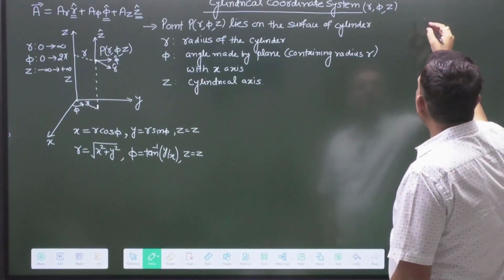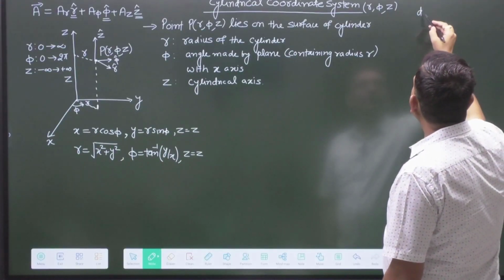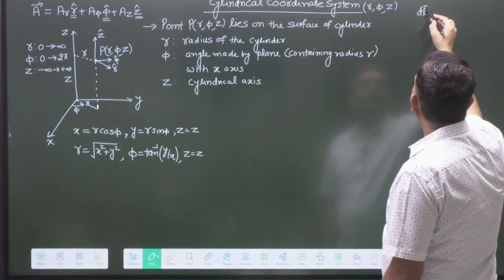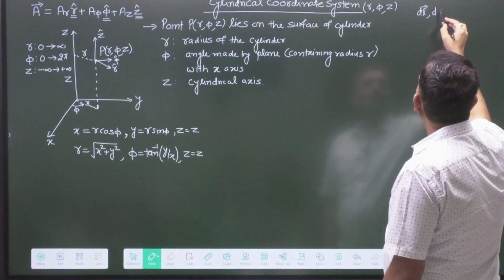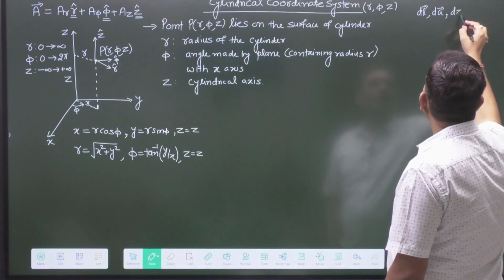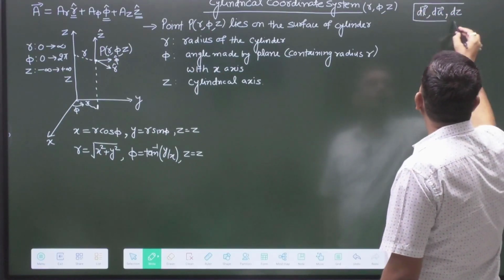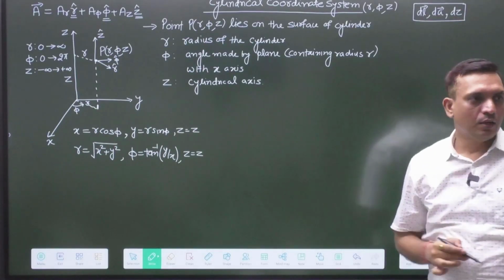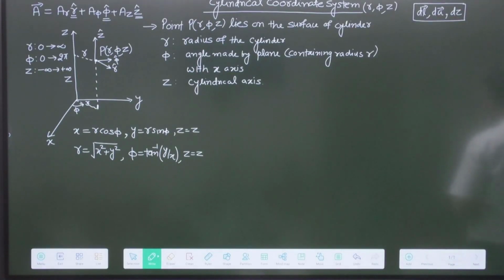Again, in this symmetry also, if you have to calculate a line integral, you must know what dl vector is, how you will write the area element and how you will write the volume element. You must know dl, dA and d tau in the cylindrical coordinate system also.